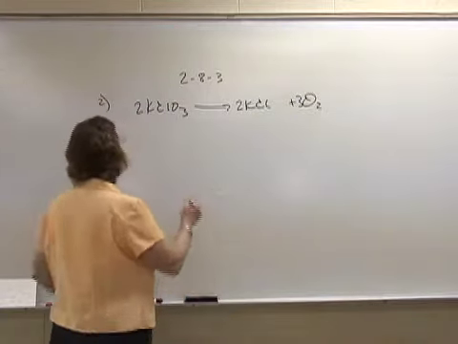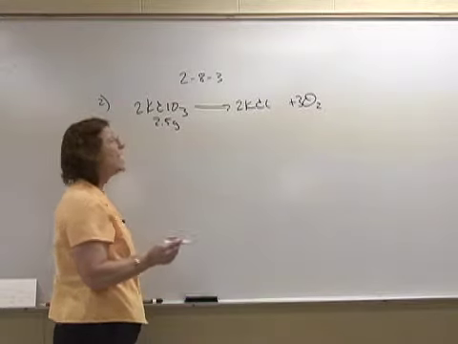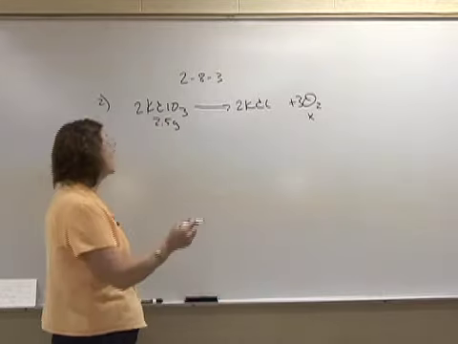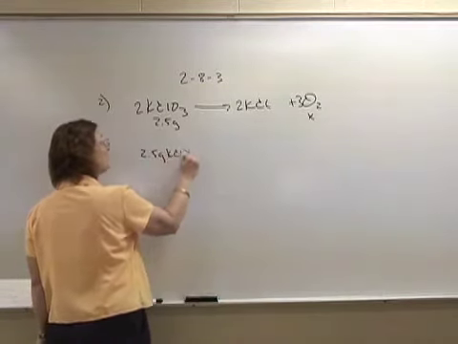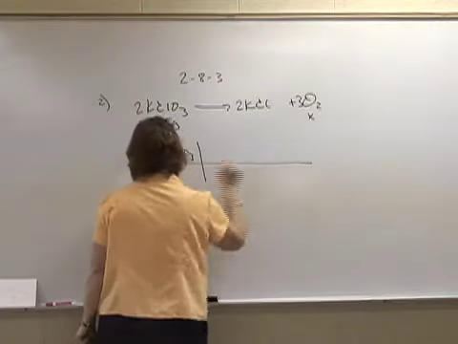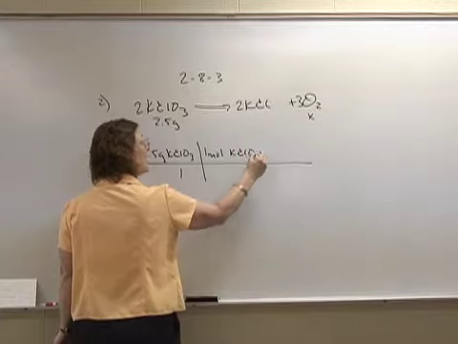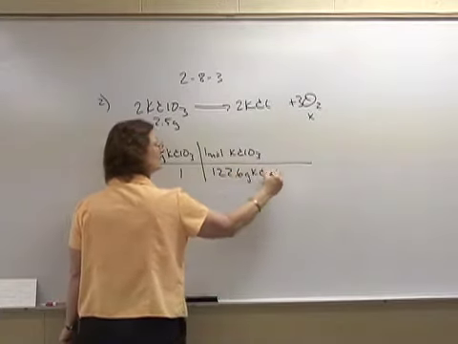Now in this problem, I am given 2.5 grams of potassium chlorate, and I want to find the mass of the oxygen. I take my 2.5 grams of potassium chlorate and change it to moles. And 1 mole of potassium chlorate has a mass of 122.6 grams.